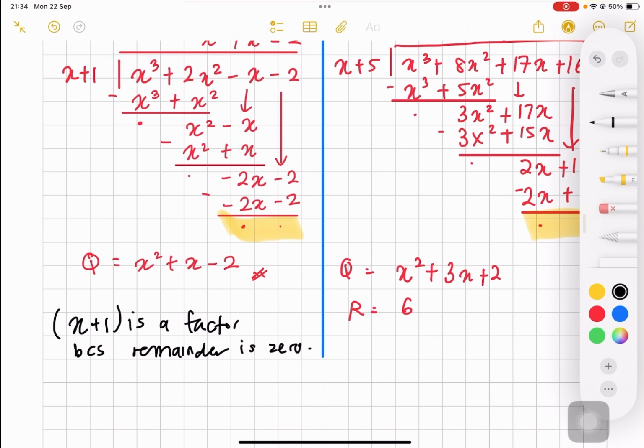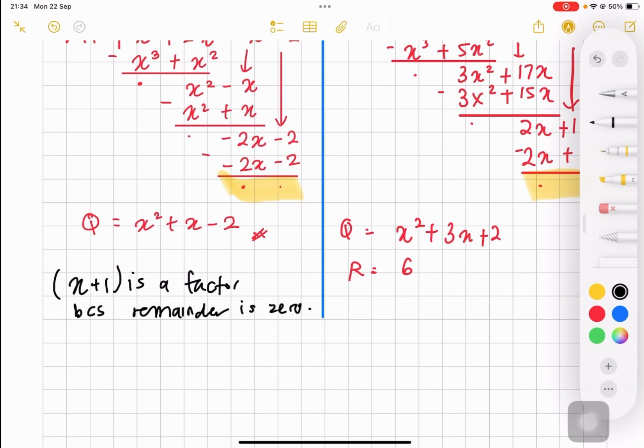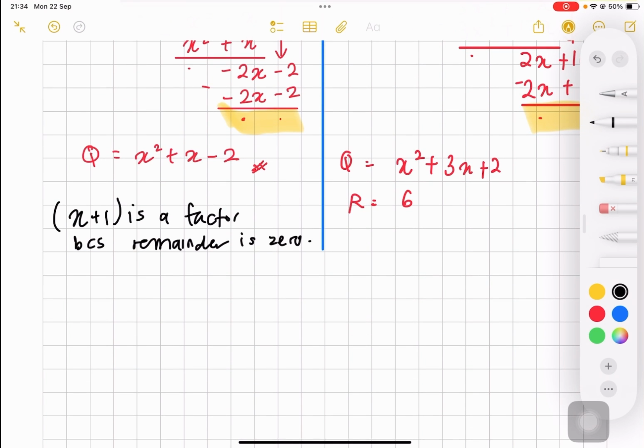Some questions would ask something like this: find the remainder. I do a sample question.